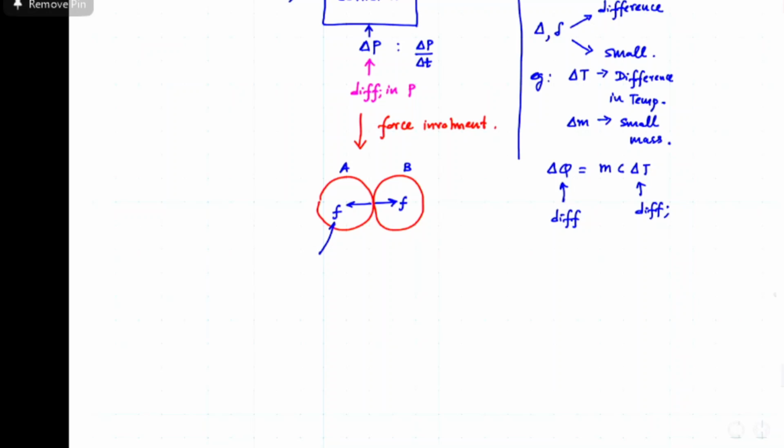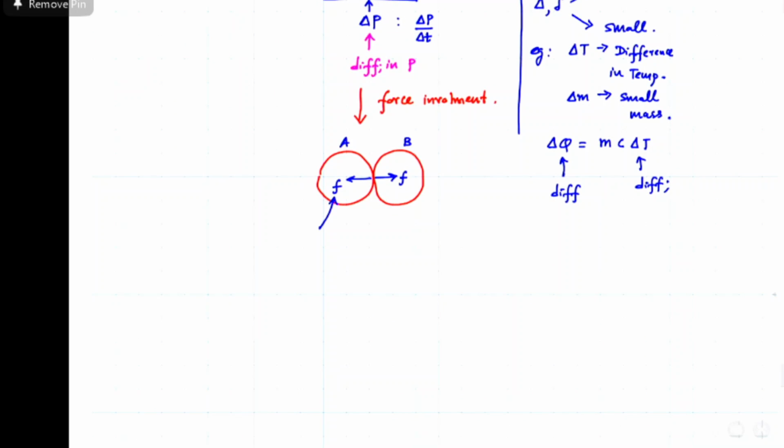Now listen carefully, this force on A object is given by B. This force is acting on B object, given by whom?